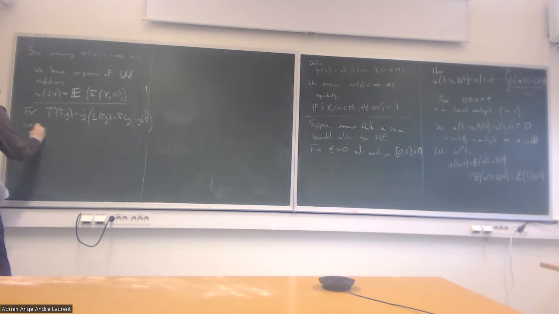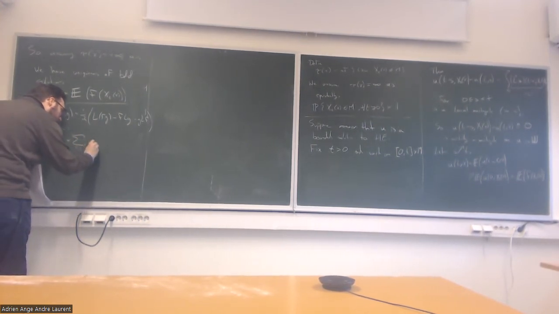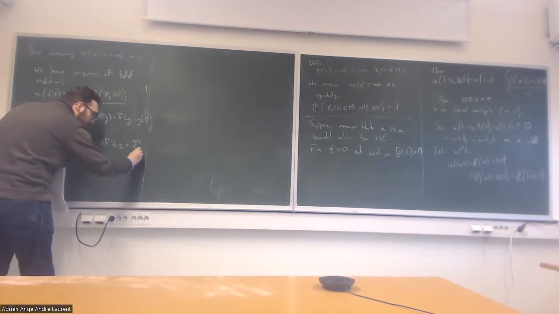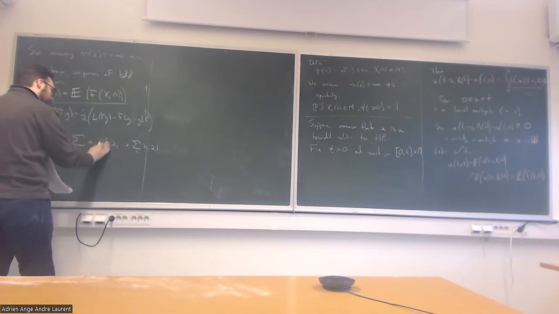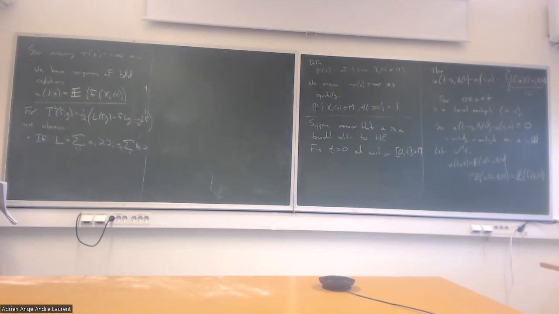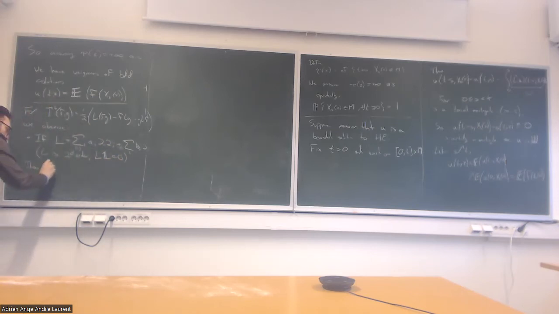Let's make the following observations. First, and somehow fundamental, this L can be written as the sum over i, j of a_ij d_i d_j plus the sum across i of v_i d_i. So L is second order, L has no constant term. Then the gamma operator specifically detects the second order part.